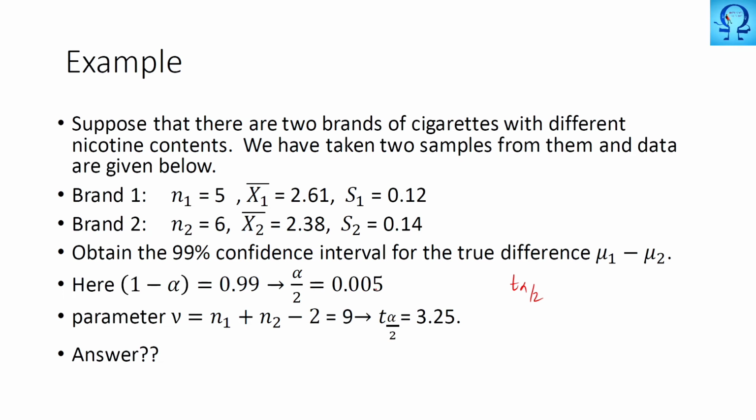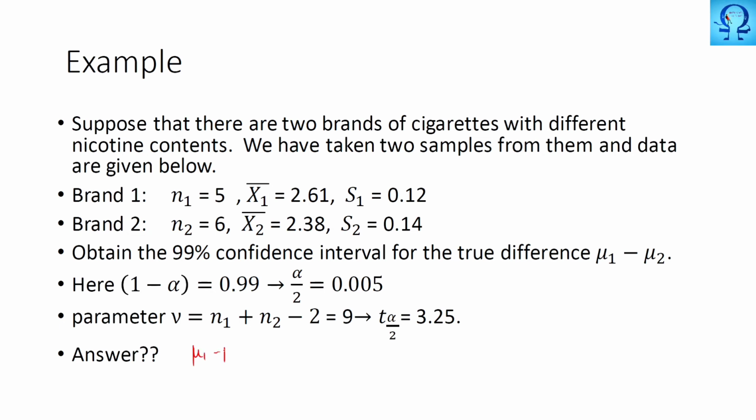So alpha upon 2 is 0.005, and the parameter is n1 plus n2 minus 2, which is 5 plus 6 minus 2, which is 9, and that value is 3.25. Now that we have found it, what more should we do?